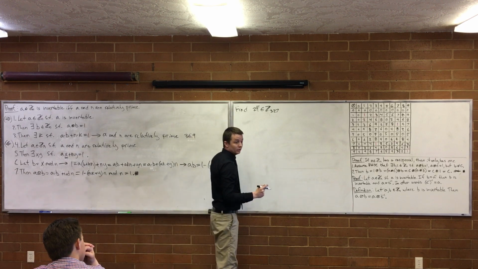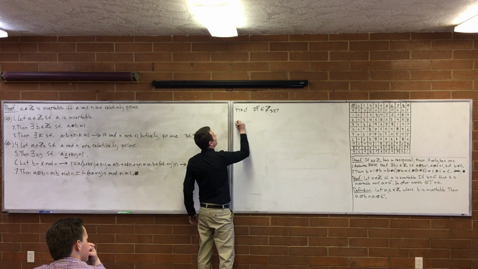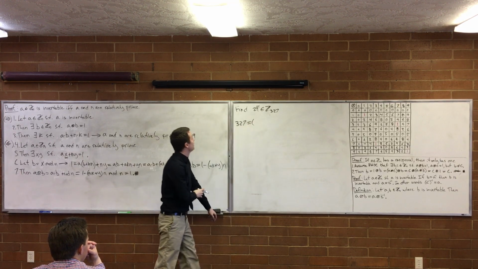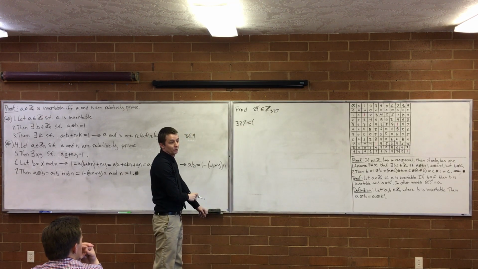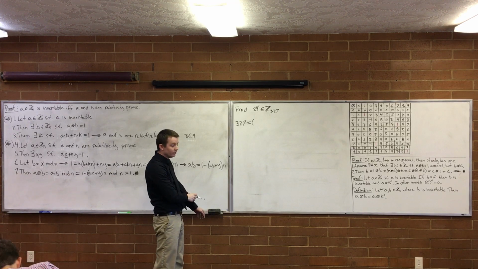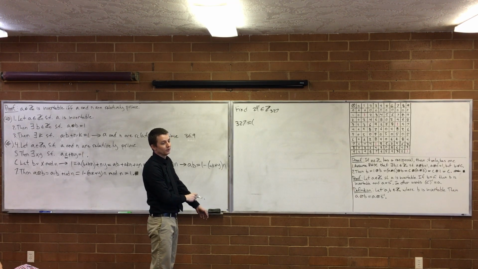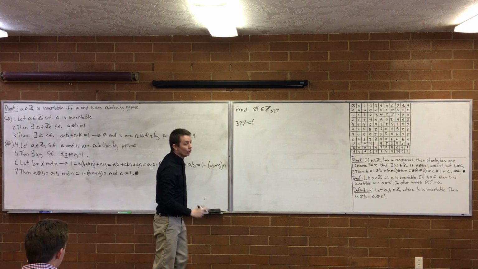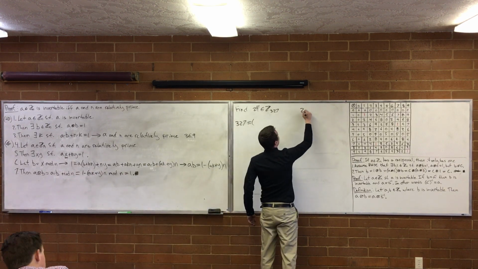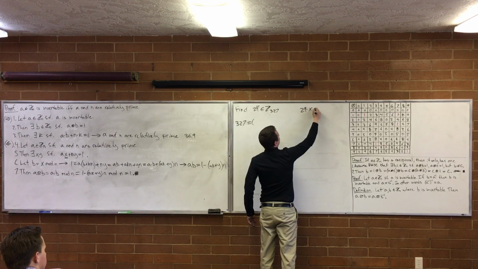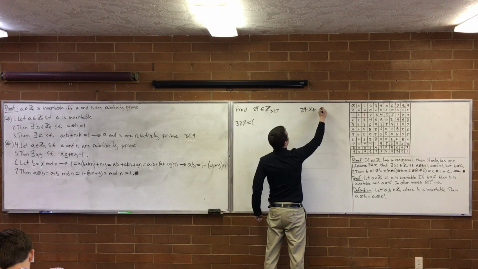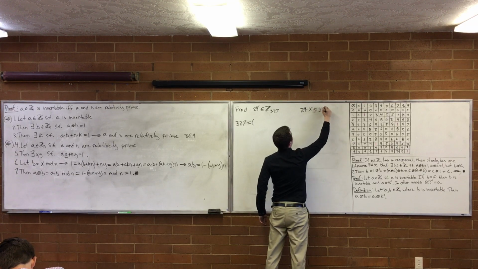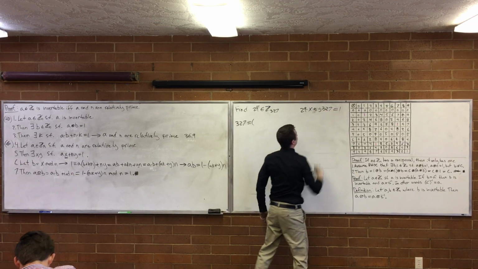How do you do this? Start with Euclid's. We've got to start with the GCD. We know that the GCD is going to come out 1, but why? Because we need to use extended Euclid's. Ultimately, we're going to get 29 times x plus some number y times 327 is equal to 1.